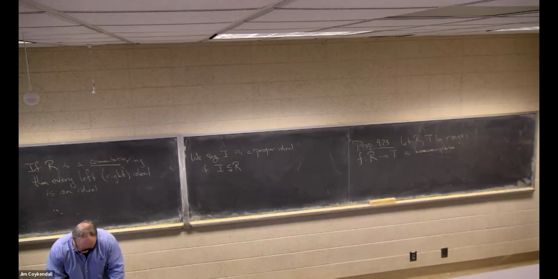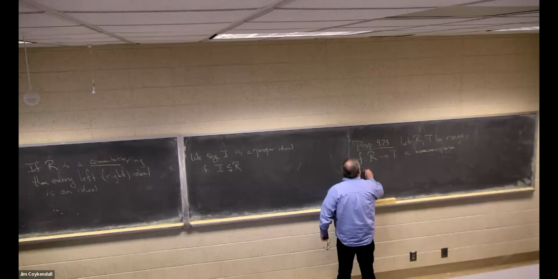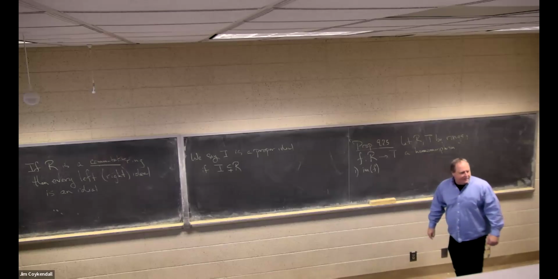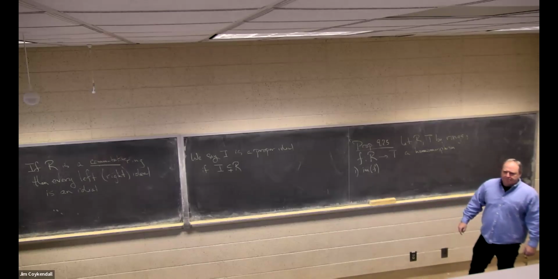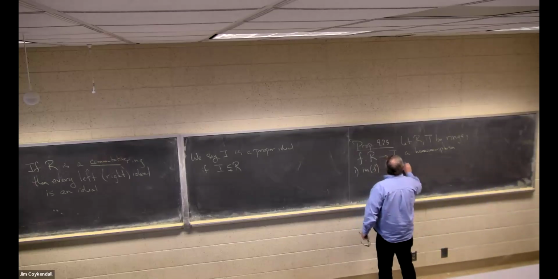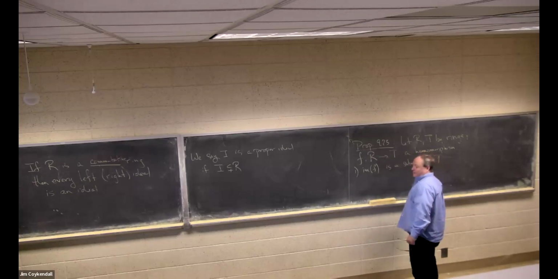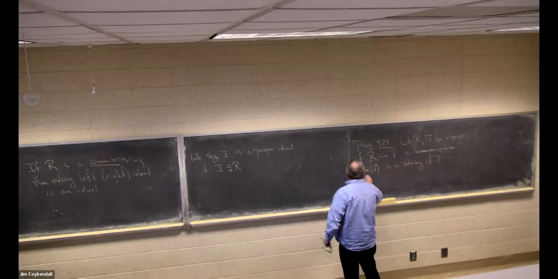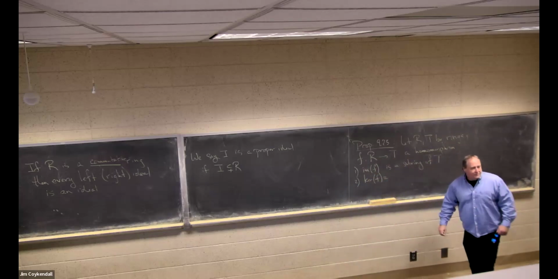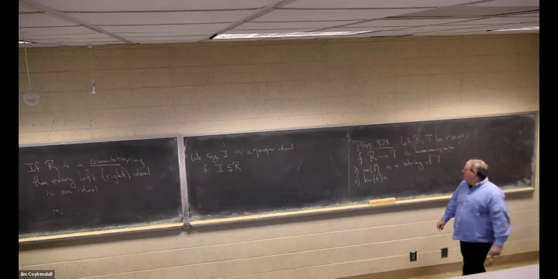What should be true about the image of f? In our sense of the word, it is a subring of T, because it is entirely contained within T. And the kernel of f should be an ideal.